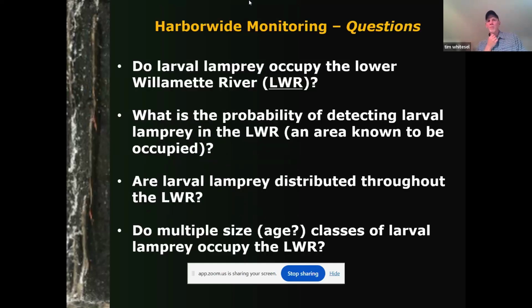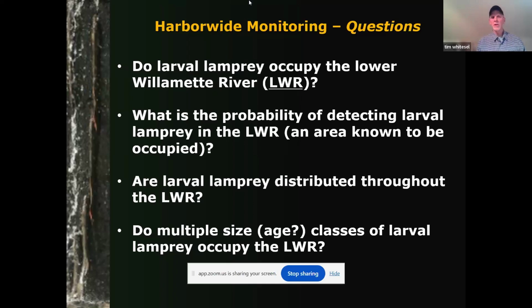All right, so we are doing some monitoring relative to lamprey in the harbor, Portland Harbor. So specific questions that we have been trying to answer, and they're relatively straightforward, I think. There are four of them. Do larval lamprey occupy the lower Willamette River, LWR? Are they there? What is the probability of detecting larval lamprey in the lower Willamette River? So once we found them, we wanted to know how well we could collect them or detect them, how easily we could detect them.